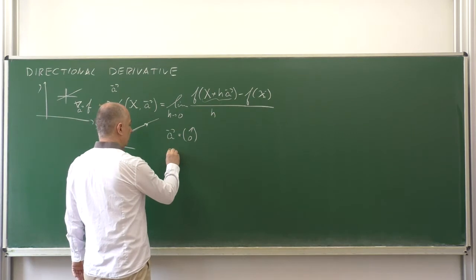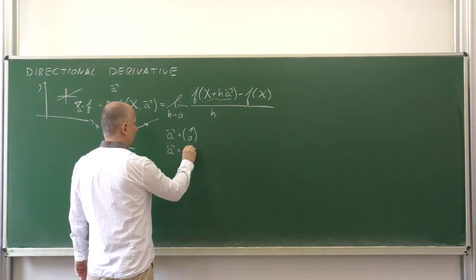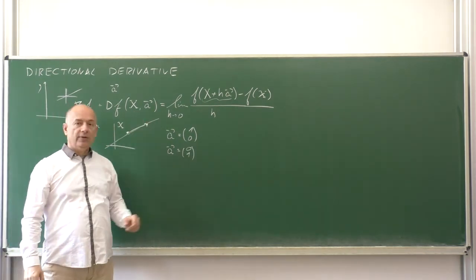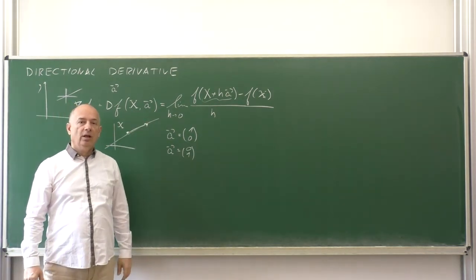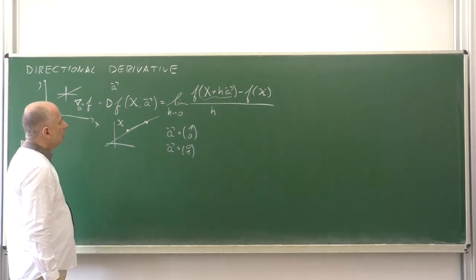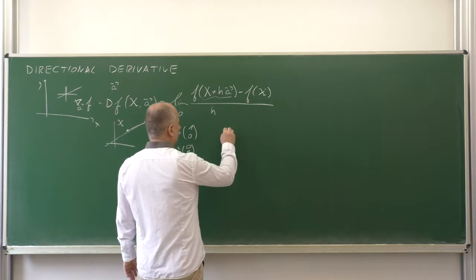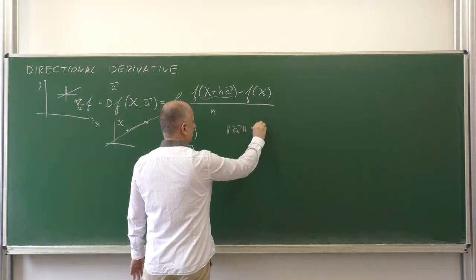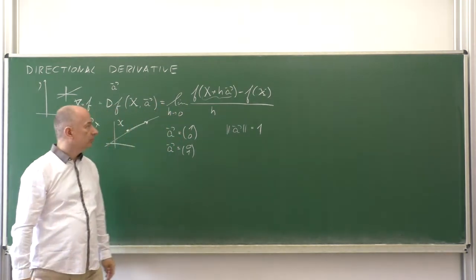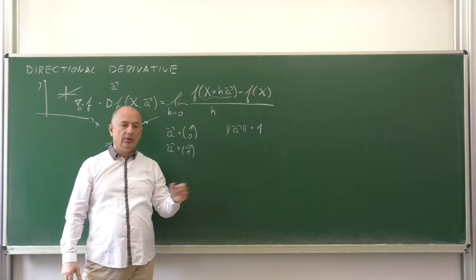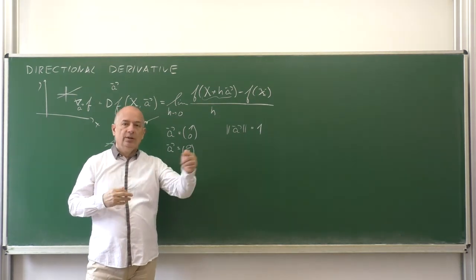And if we choose the vector to be 0, 1, then the directional derivative along this vector is the partial derivative with respect to y. We usually assume, or we usually want, the norm of the vector being 1, so that the vector defines only the direction and does not influence the derivative itself.